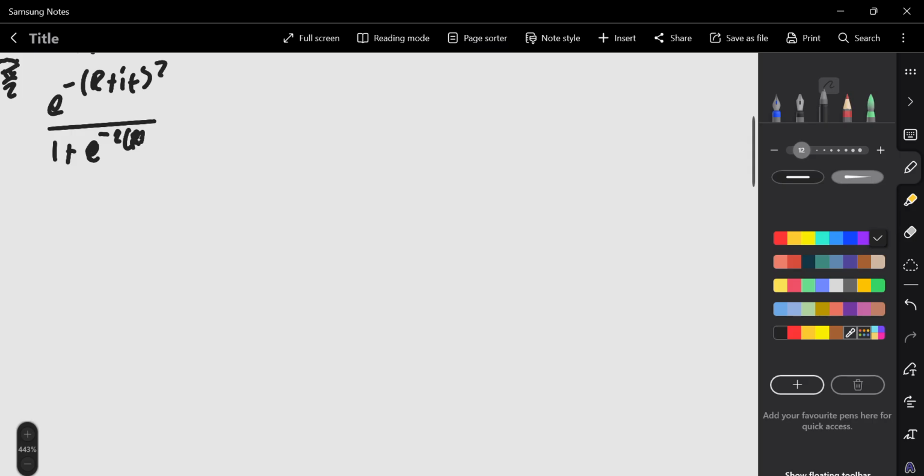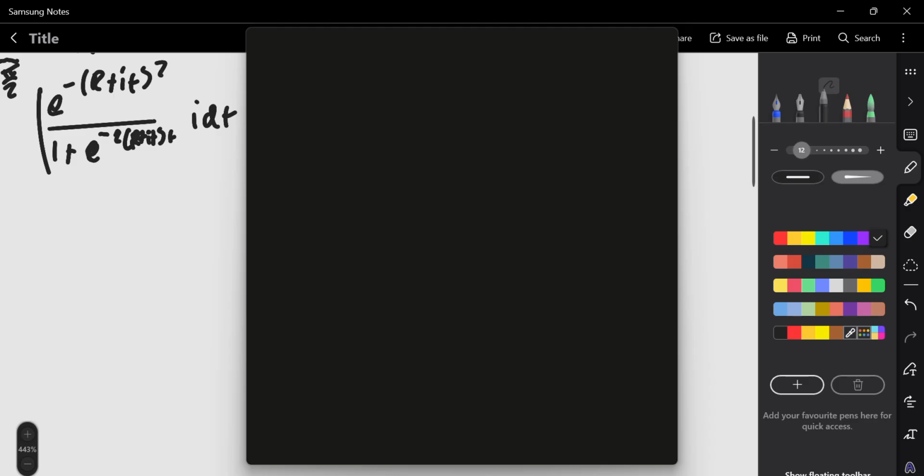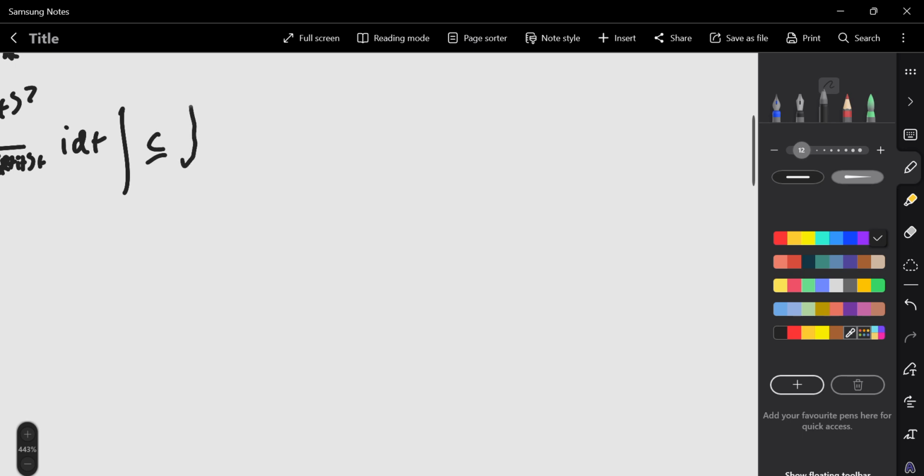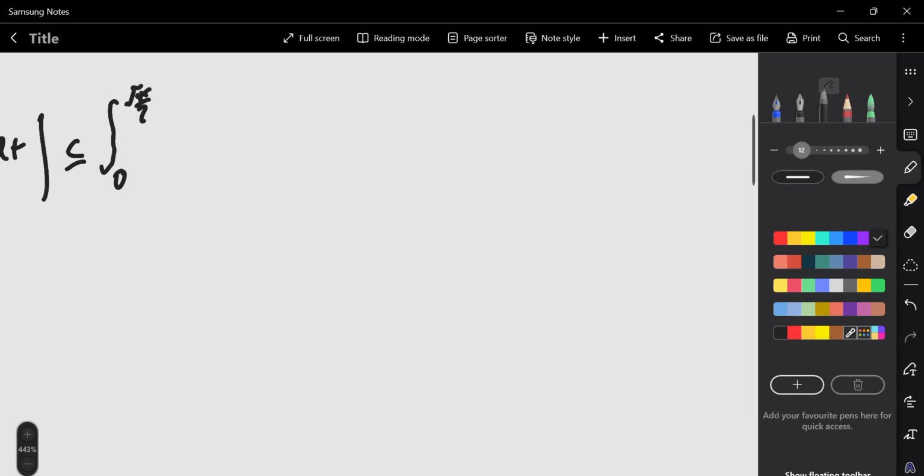The absolute value of this is going to be the integral between 0 and square root pi over 2 of e to the minus r squared minus 2rit plus t squared, over 1 minus e to the minus 2 t times r plus it, dt.